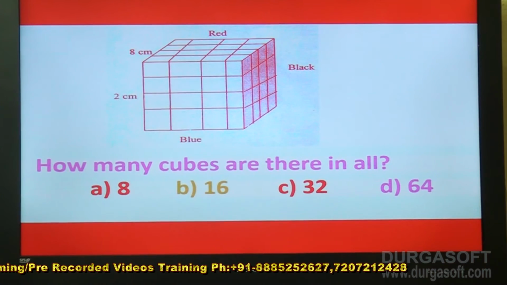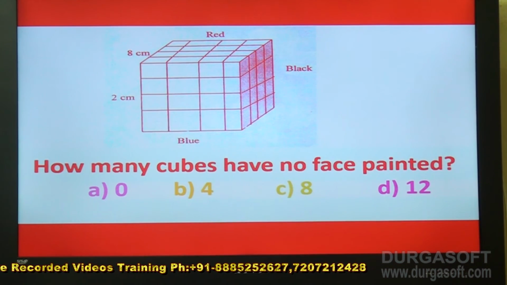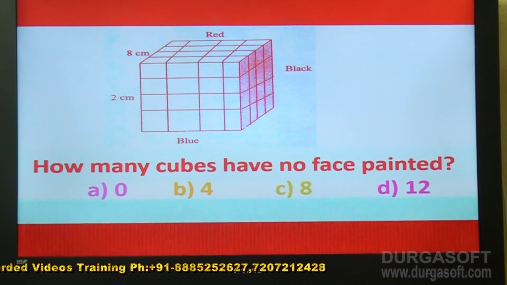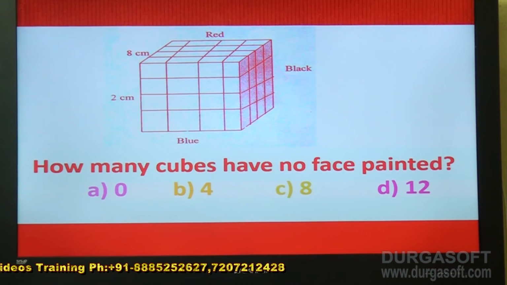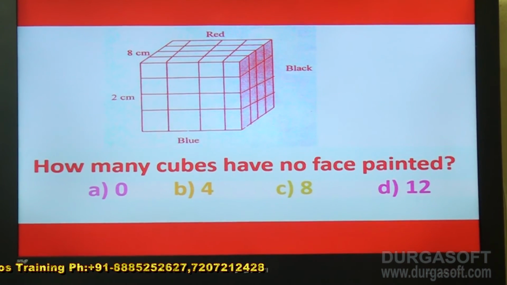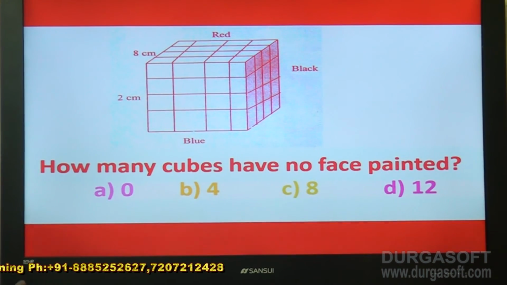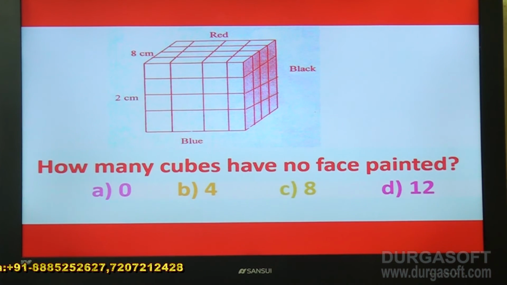Now let us go to the next question. For the same information, how many cubes have no face painted? Here it's very clear, the direction says that the cube is colored from outside, the color may not enter inside. That's why only the outside cubes which are available externally are painted.